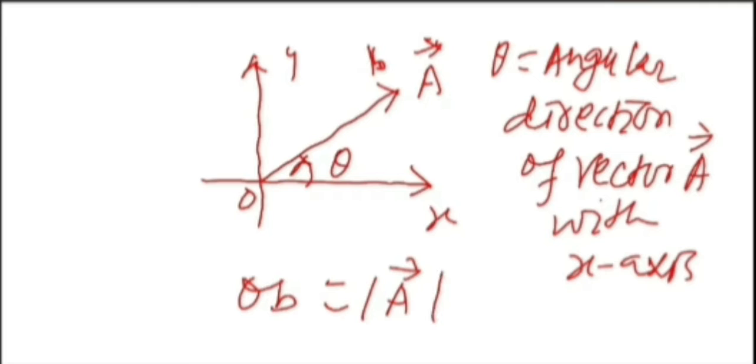Then OB will be the magnitude of vector A, and there will be two components of vector A, one along the x-axis and one along the y-axis.